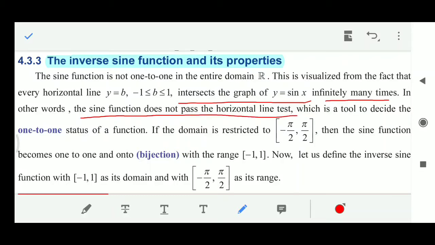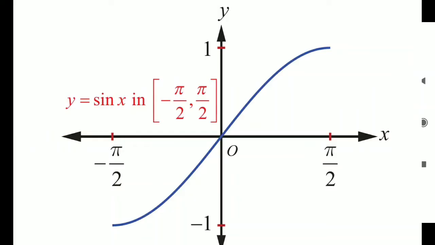If we consider the restricted domain of sine curve, that is from minus pi by 2 to plus pi by 2, we get that function as 1 to 1. Look at this graph, sin x restricted to minus pi by 2 to plus pi by 2. If I draw a horizontal line, it passes through only one point.